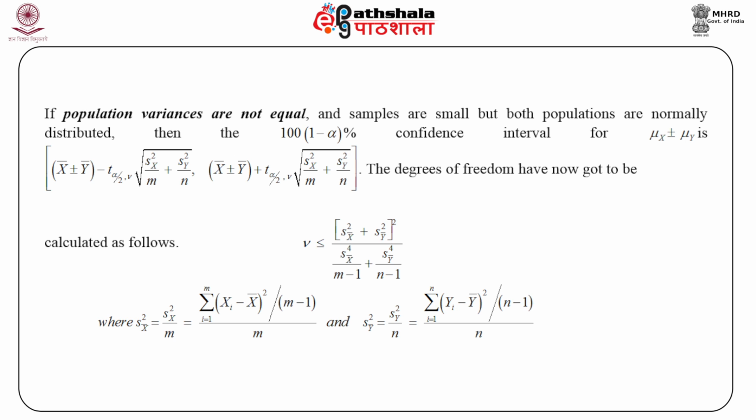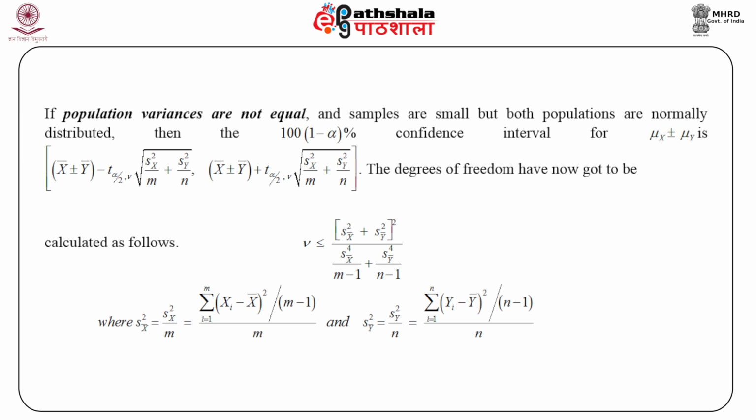In that case, the 100 into (1 minus alpha) percentage confidence interval for mu x minus mu y could be written as x bar minus y bar minus t alpha by 2 comma nu into under root of sx square by m plus sy square by n, and x bar minus y bar plus t alpha by 2 comma nu into under root of sx square by m plus sy square by n.